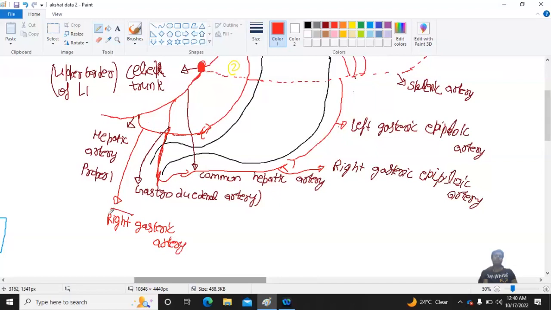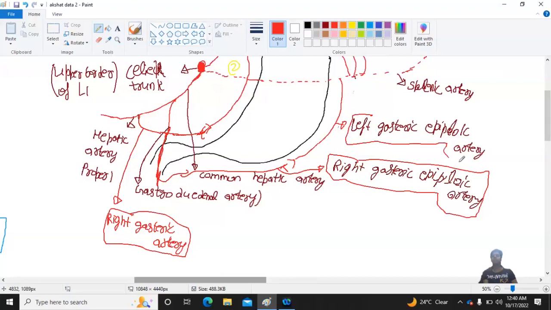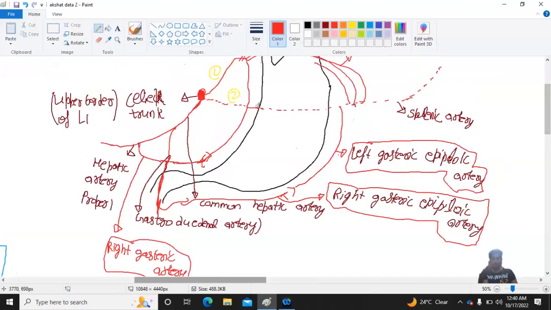Done. So these are the four important arteries which cover the stomach at the greater curvature and lesser curvature from both sides. One, two, three, and fourth.